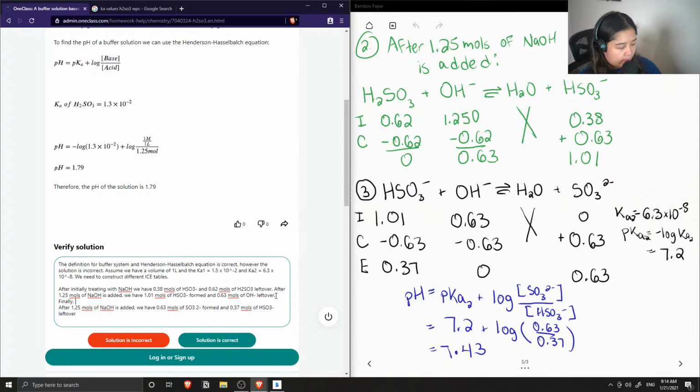Finally, after the leftover OH minus reacts with HSO3 minus, then we have 0.63 moles of SO3 2 minus formed, and 0.37 moles of HSO3 minus left over.